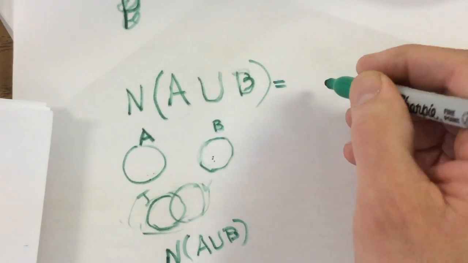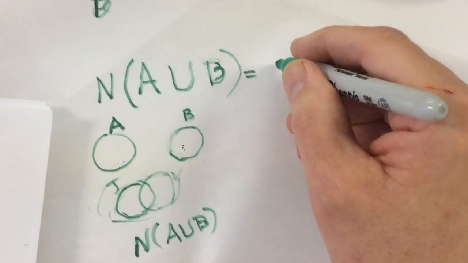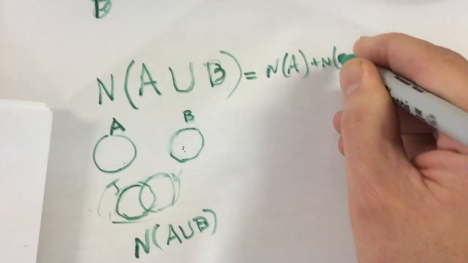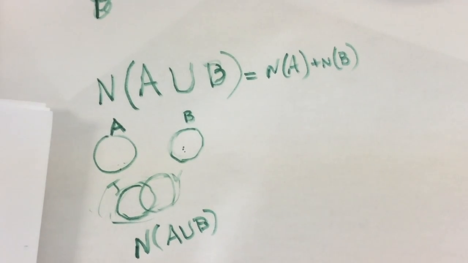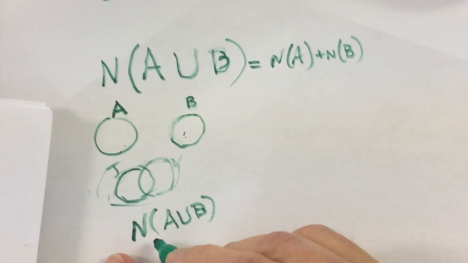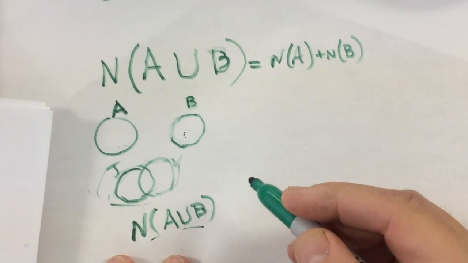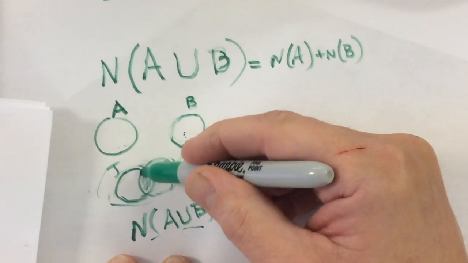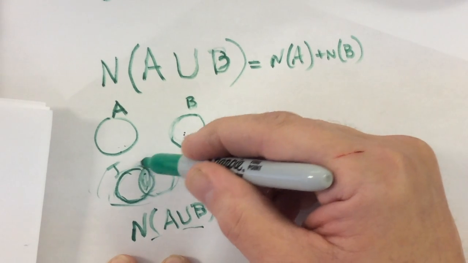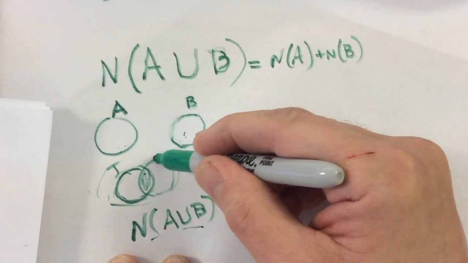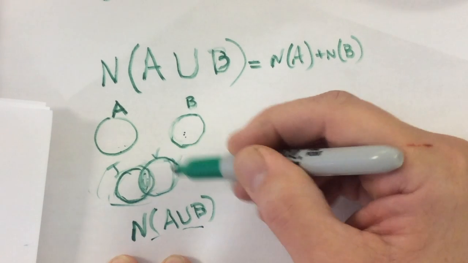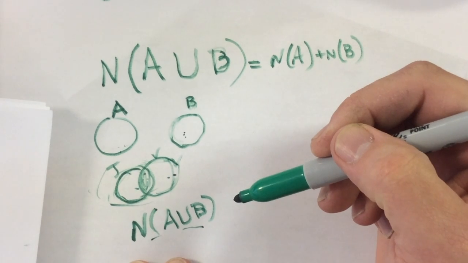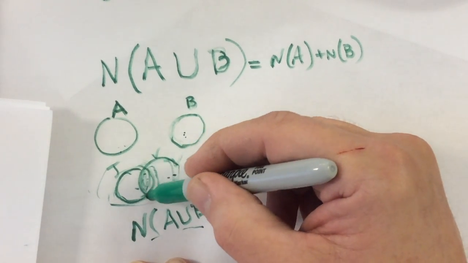Here, when they weren't overlapping, all I had to do was take the number in A and add to it the number in B. Here, I have to do something else altogether, because when I count J, I'm going to count these, and when I count V, I'm going to count these, right? Jobs and volunteers. That means I've overcounted by these many.